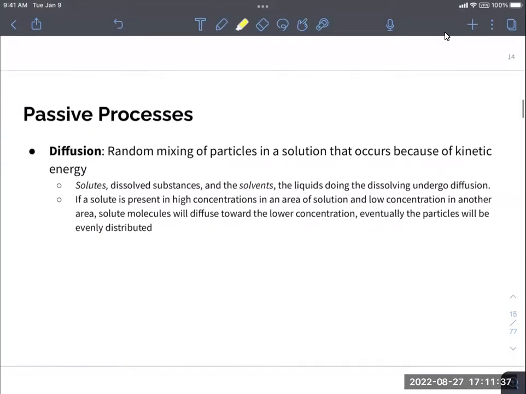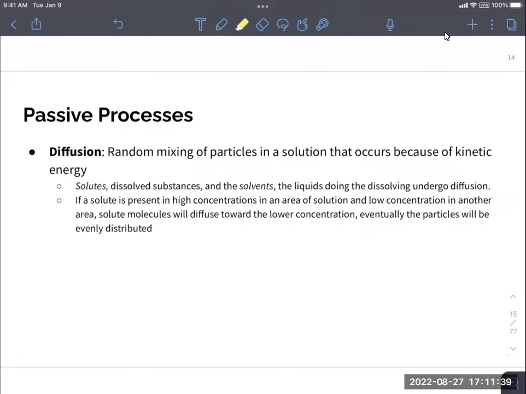So let's look at diffusion. Diffusion is a random mixing of particles in a solution that occurs because of kinetic energy. So again, it's already energy in motion, so it does not require energy for diffusion to work.